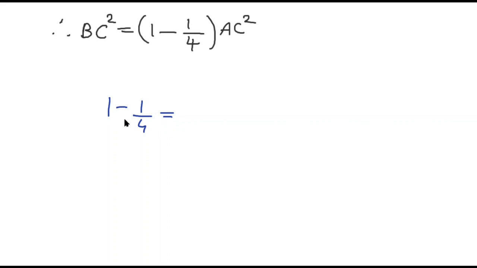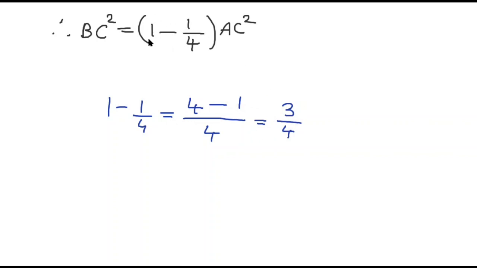Either you can solve it by cross multiplication or by taking LCM. So 4 minus 1 upon 4. Understood? 4 minus 1 will be 3 upon 4. Understood how we are getting this? So 1 minus 1 upon 4, we will get the answer as 3 upon 4.